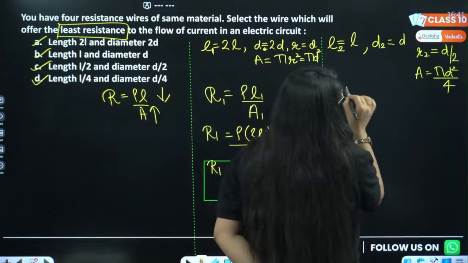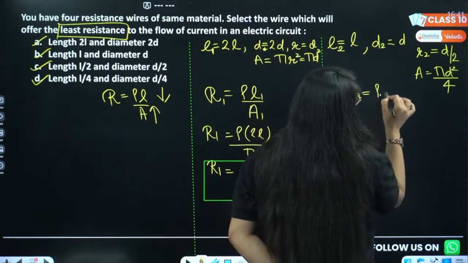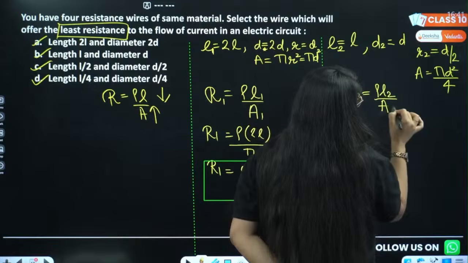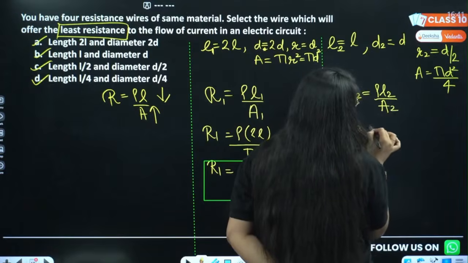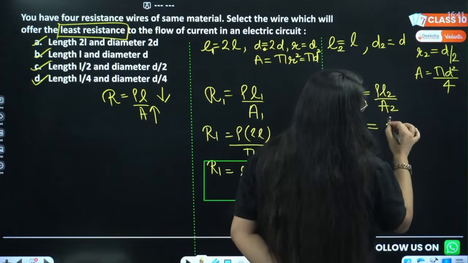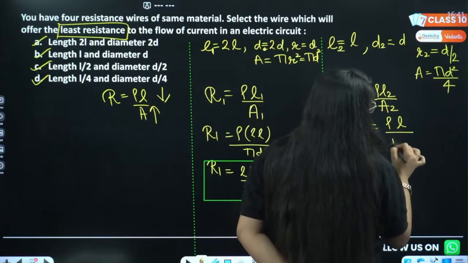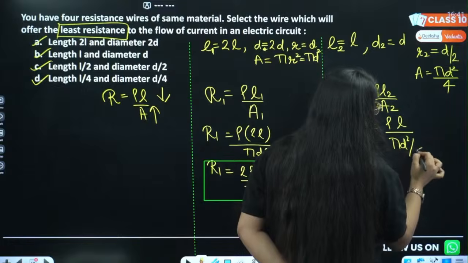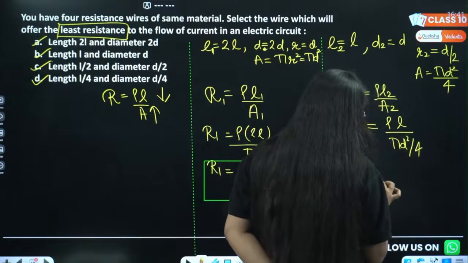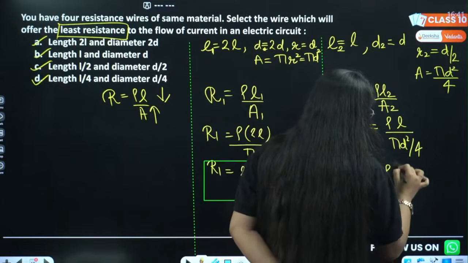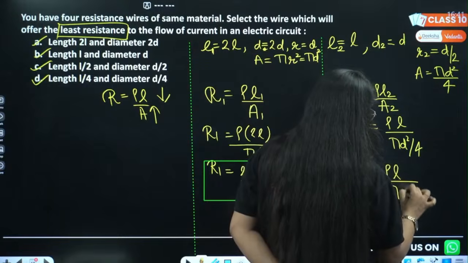Chalo. So R2 will be rho L2 by A2, and R2 then will be rho is simply rho, L2 is simply L, A2 is pi D square divided by 4. So R2 comes out to be 4 rho L by pi D square.